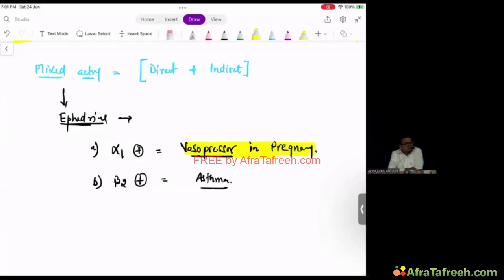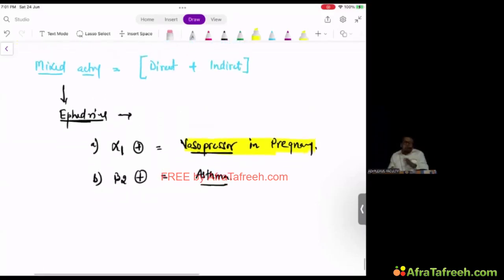Even with such long classes, continuously studying, you will not be able to cover 100% of pharmacology. So it's a very long subject. The problem is sometimes they ask very basic questions on adrenaline, so you have to start from the very basic. And sometimes they ask the most recent drug which came into the market in the last 2-3 years.